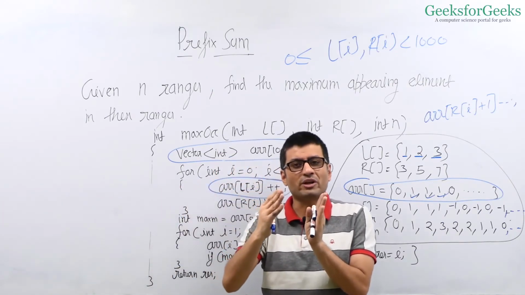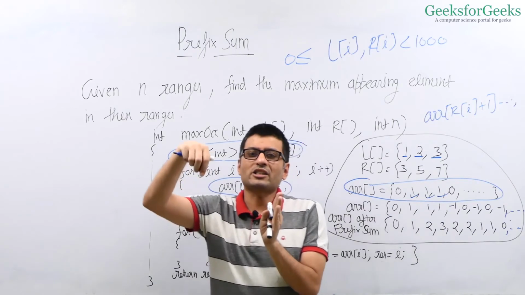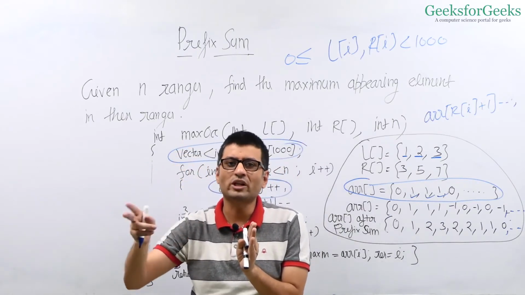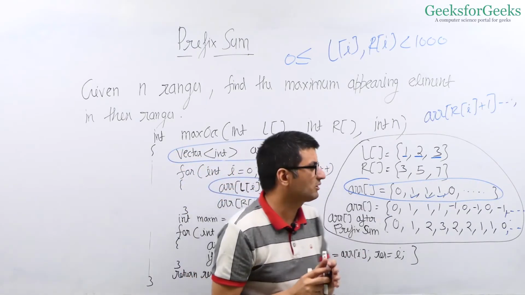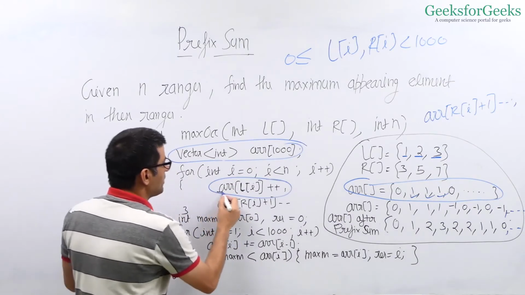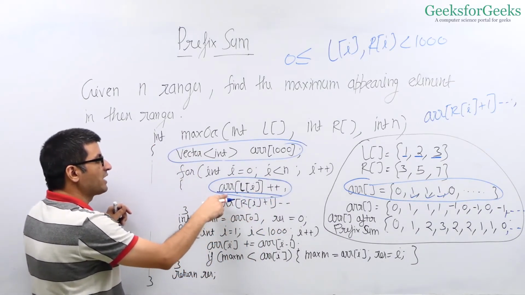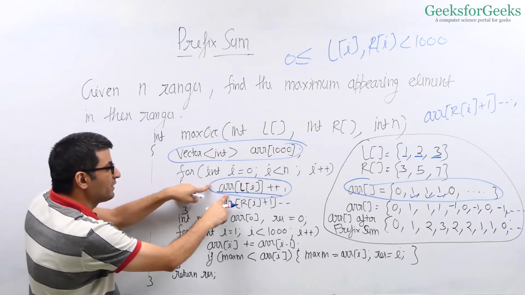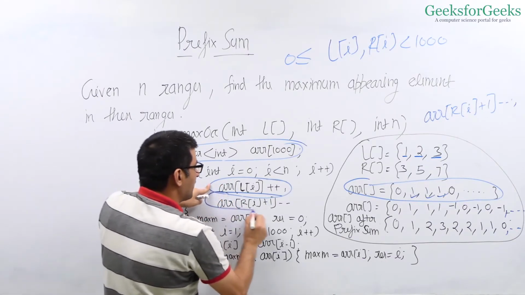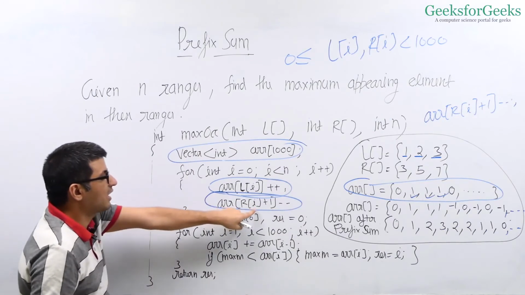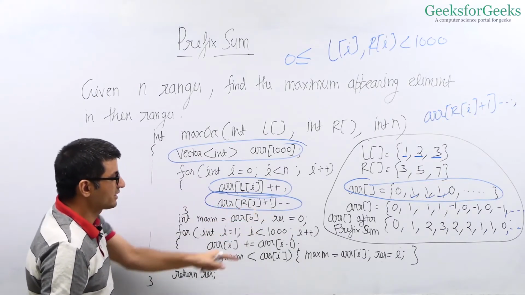Since I want to increment only in the range, I subtract a value after this range. So these two nullify each other. That's the idea of this algorithm. We increment the value at Li and we want to nullify the impact of this in the prefix sum array, so we decrement the value at Ri plus 1, right, at this index.